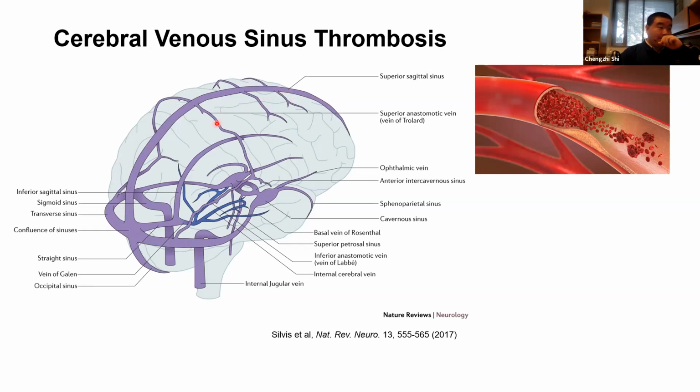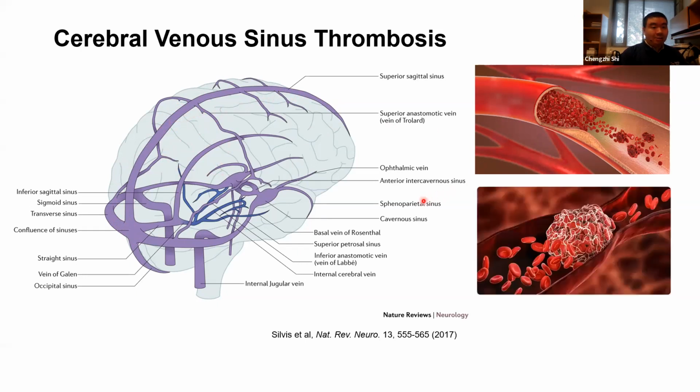The difference between this venous sinus structure and the artery in the brain is that the diameter of the venous sinus is about 1 centimeter, but the artery diameter is about 2 millimeters. So we are talking about vessels 5 times larger here, and you still can get this kind of blockage from the blood clot.